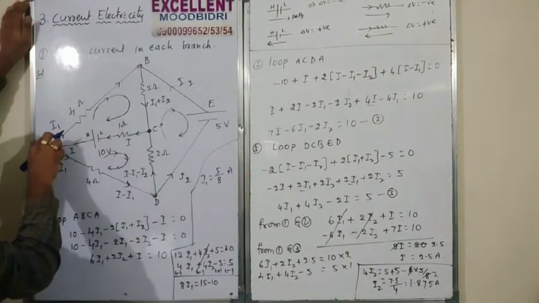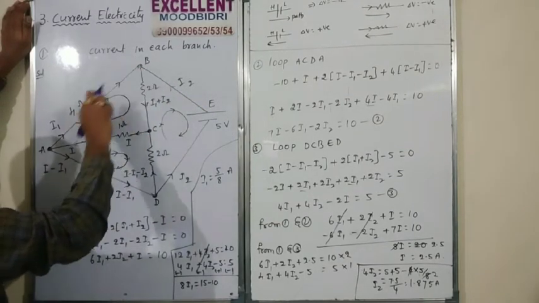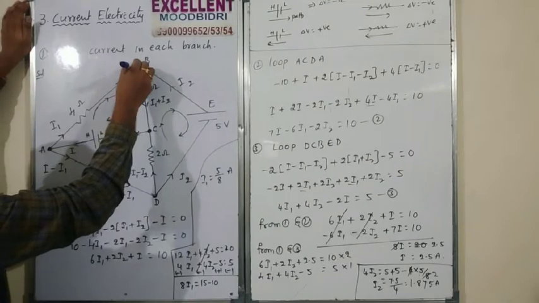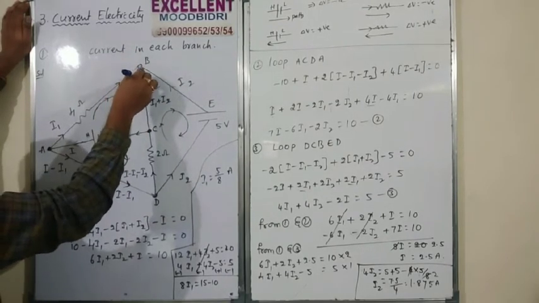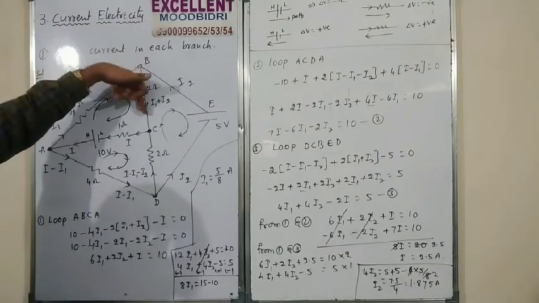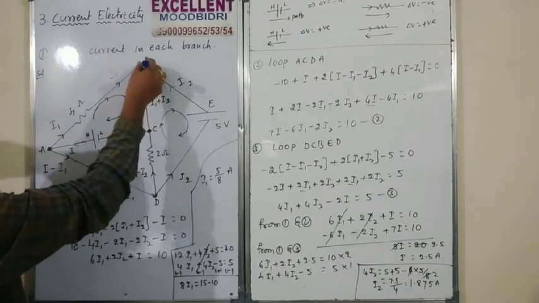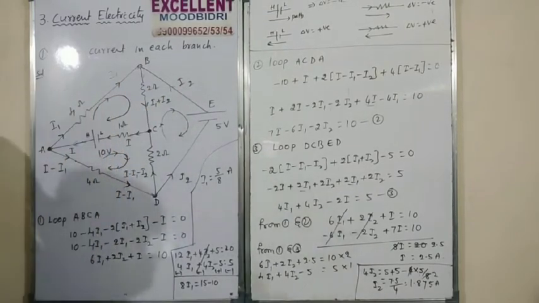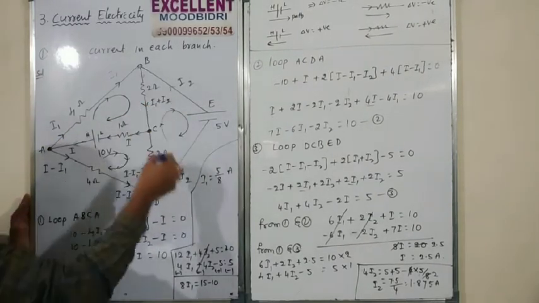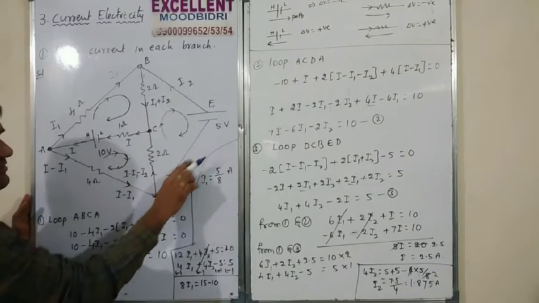I2 current comes here, I1 current comes here, this is the junction, so these are entering. Now the leaving current is in this direction: total current I1 plus I2, correct? So in this total circuit the current is I2, meaning in this also I2 only. So that is why I have given I2.